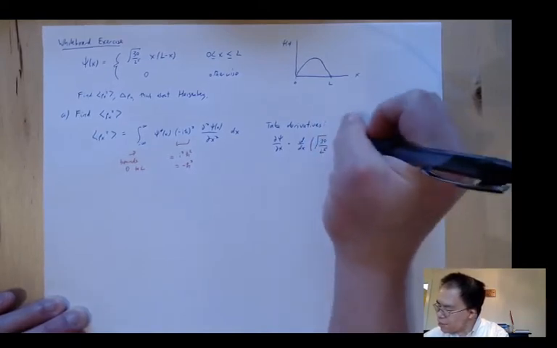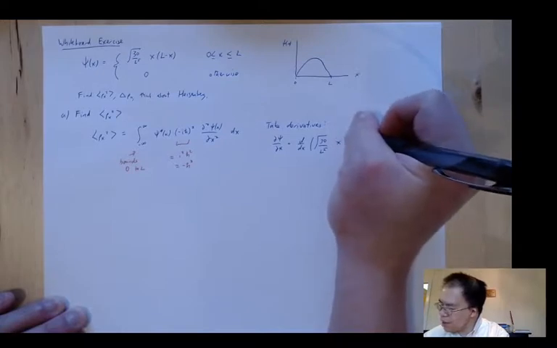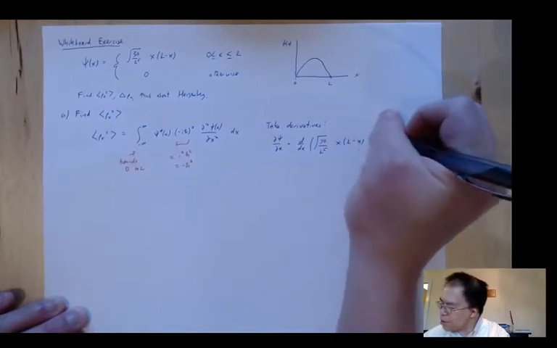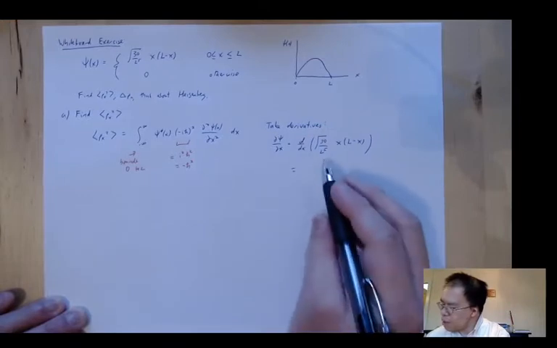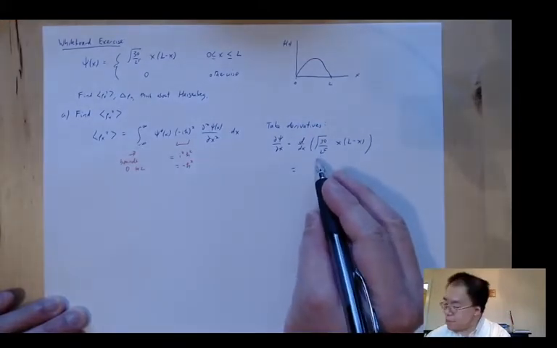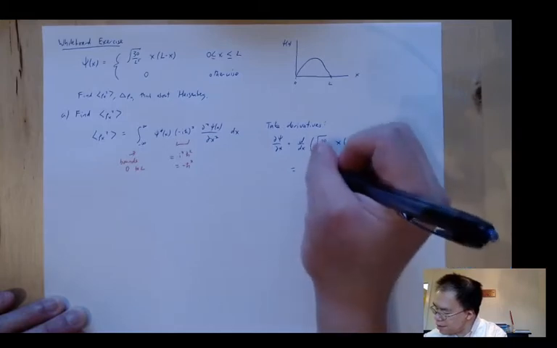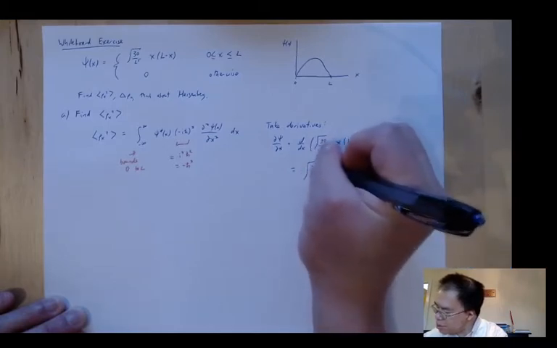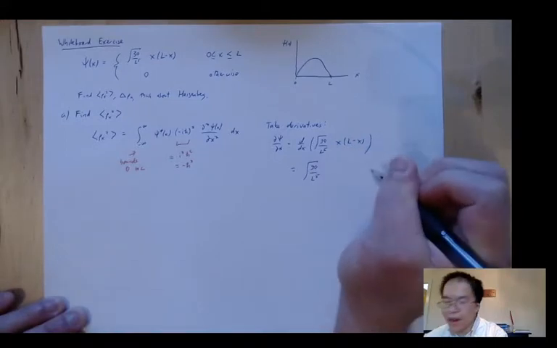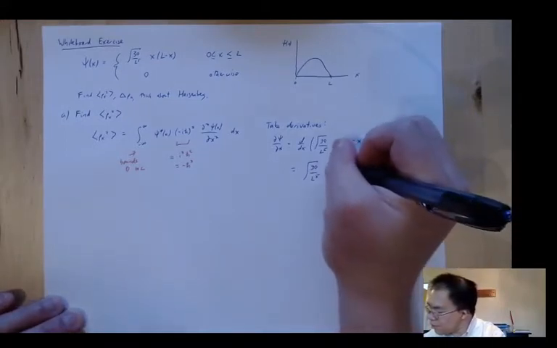I gave you the normalizing constant to save you a little bit of work. So the constant here can get pulled out, and so that gives me root 30 over L to the fifth.